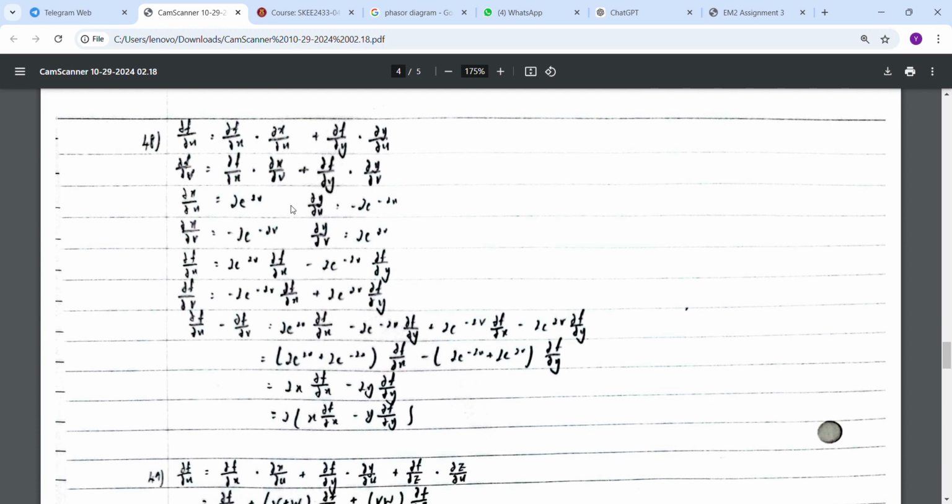Then we can insert the values back into the first equation and find the final equation for ∂f/∂u.